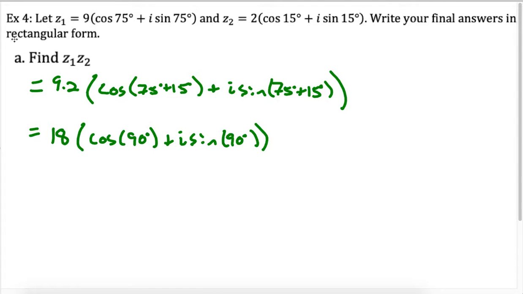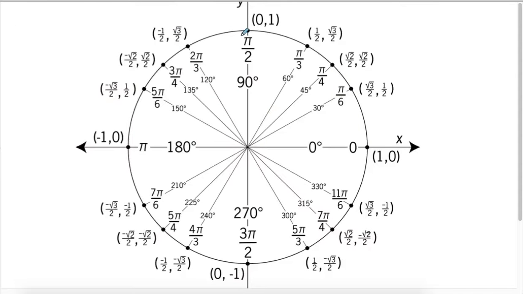And then it does specify that we want our final answers in rectangular form. If it said polar form, I would stop here, right? This would be my final answer in polar form. But since it says write your answers in rectangular form, we would want to simplify like we did in that last example. So I can go to my unit circle and find the cosine and the sine of 90. Well, that's right here. Cosine is 0, sine is 1.